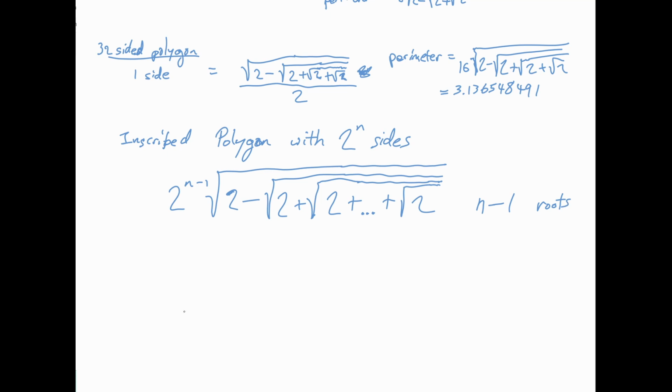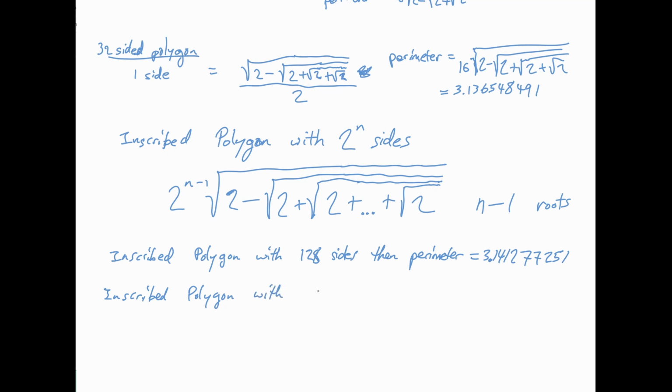And so just to give you an idea, if we had an inscribed polygon with 128 sides, then the perimeter is equal to 3.141277251, and an inscribed polygon with 512 sides has a perimeter equal to 3.14157294.